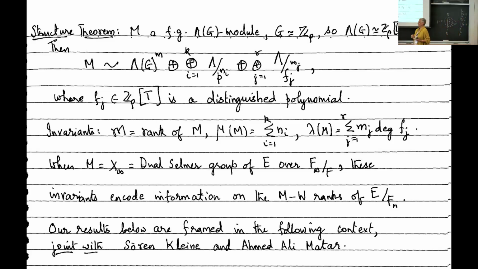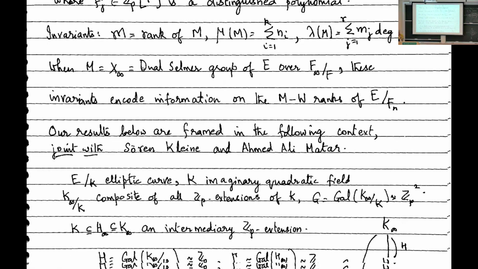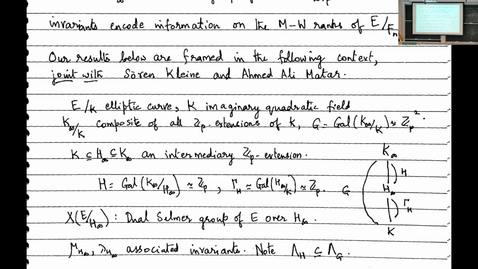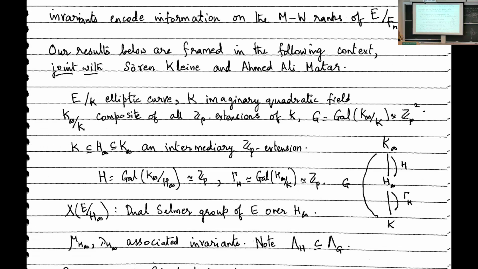To do that, we use this very nice observation of Greenberg, who did this a long time ago. I should mention that all the results below, which are framed in this context of working with imaginary quadratic extensions and the composite of all Zp extensions, are joint with Zoran Kleiner and Ahmed Ali Matar. So this is the context in which we are interested.